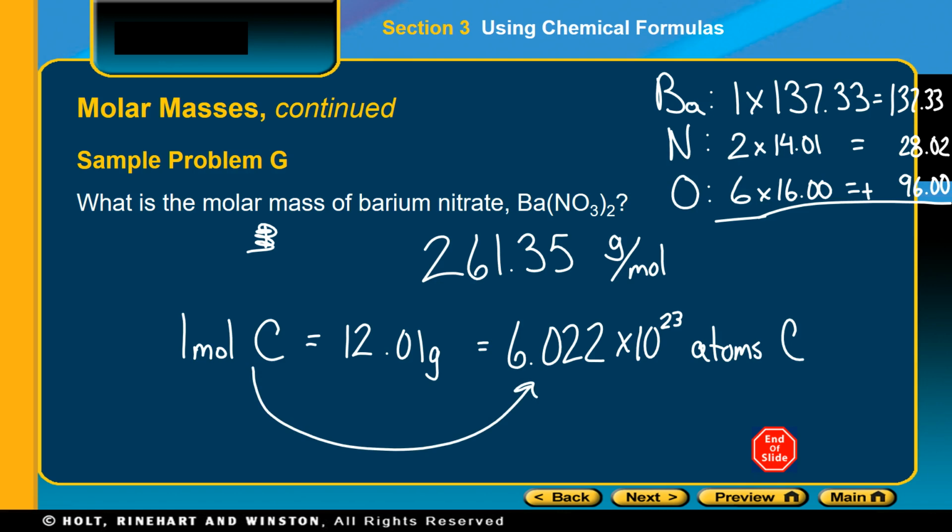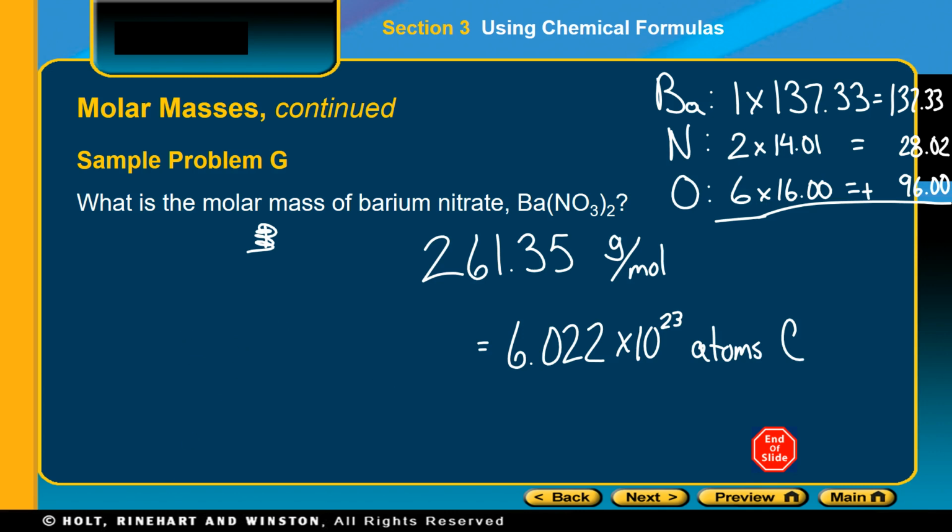So a better way for me to write this is 12.01 grams of carbon equals 1 mole of carbon, which equals 6.022 times 10 to the 23rd atoms of carbon.